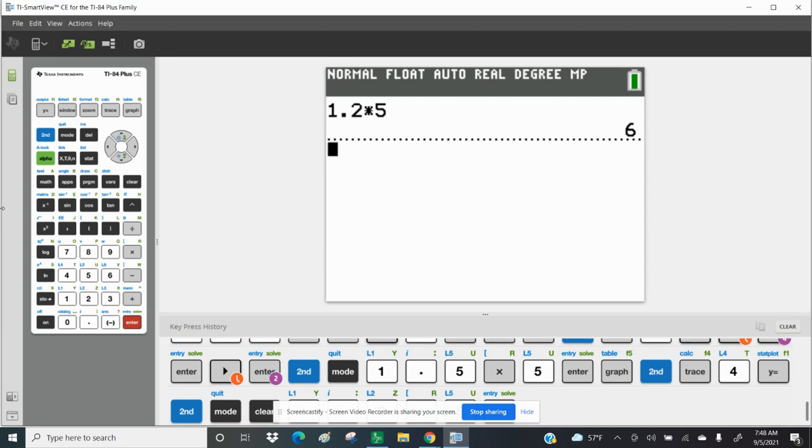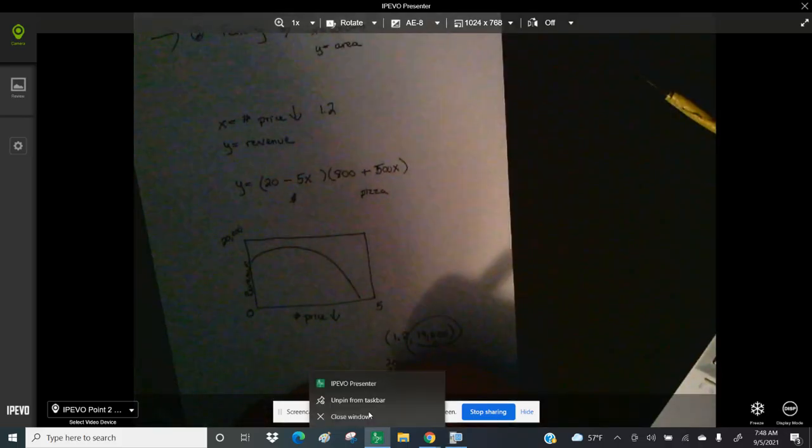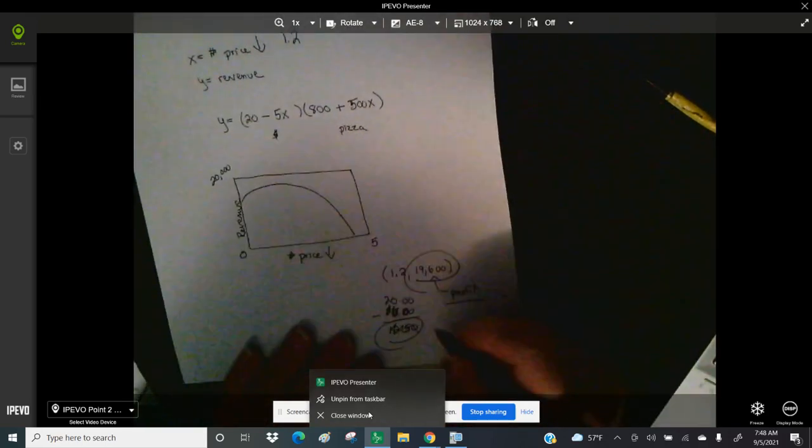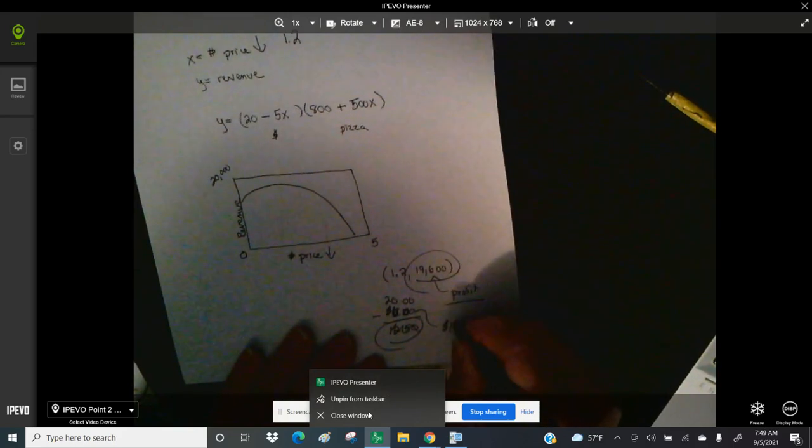So if they started at $20, then if they're going to decrease by $6, then they should charge $14 for their pizza. So on here, they're going to decrease by $6. So they're going to charge $14 for the pizza.